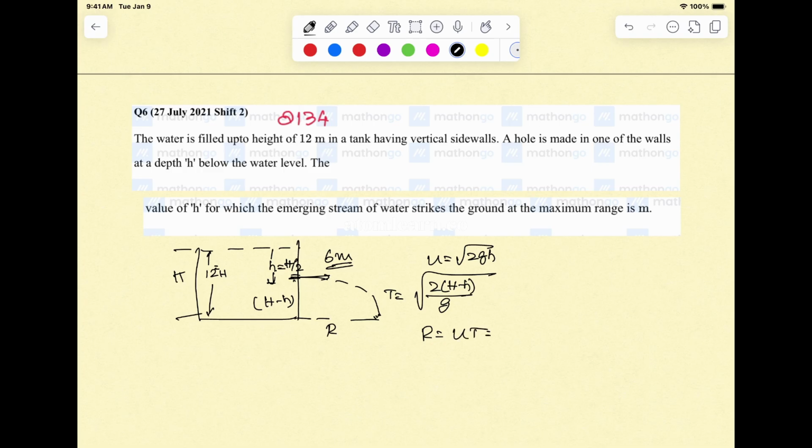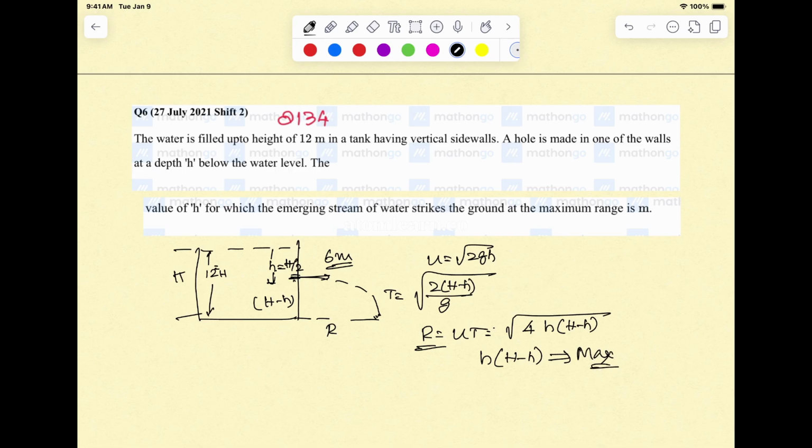Therefore, 2g into h, the 2 comes outside, it becomes 4, g gets cancelled, and 4h into H minus h should be maximum, because you are looking for the maximum range on the ground. If this is maximum, then h into H minus h must be maximum.